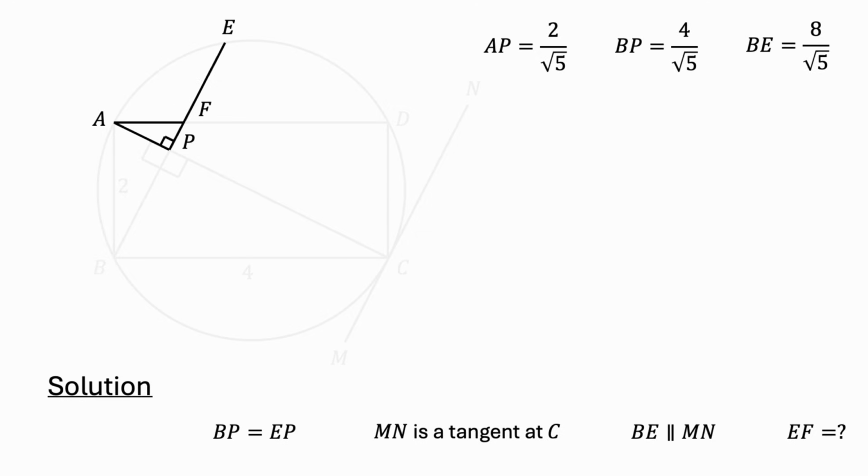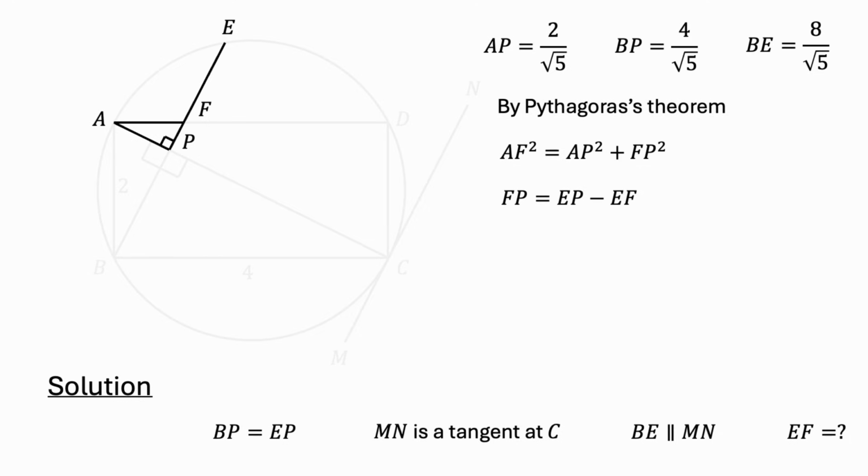Next, consider triangle APF and the line EF. By Pythagoras theorem, we have AF square equals AP square plus FP square. Using FP equals EP minus EF, which equals BP minus EF, we thus have AF square equals AP square plus (BP minus EF) whole square.